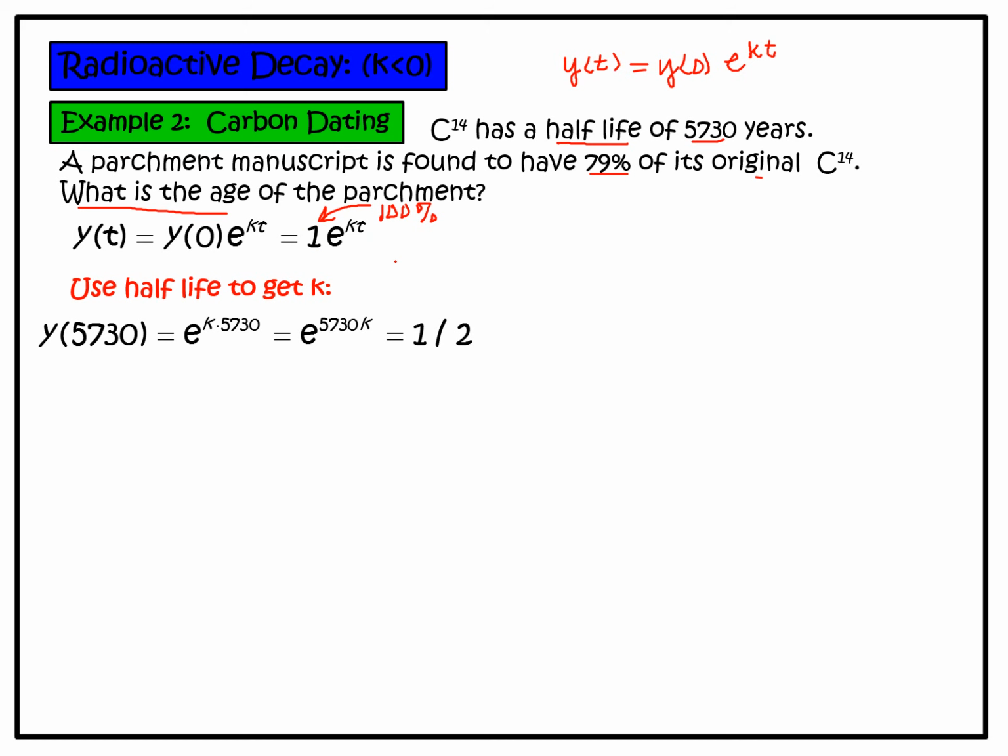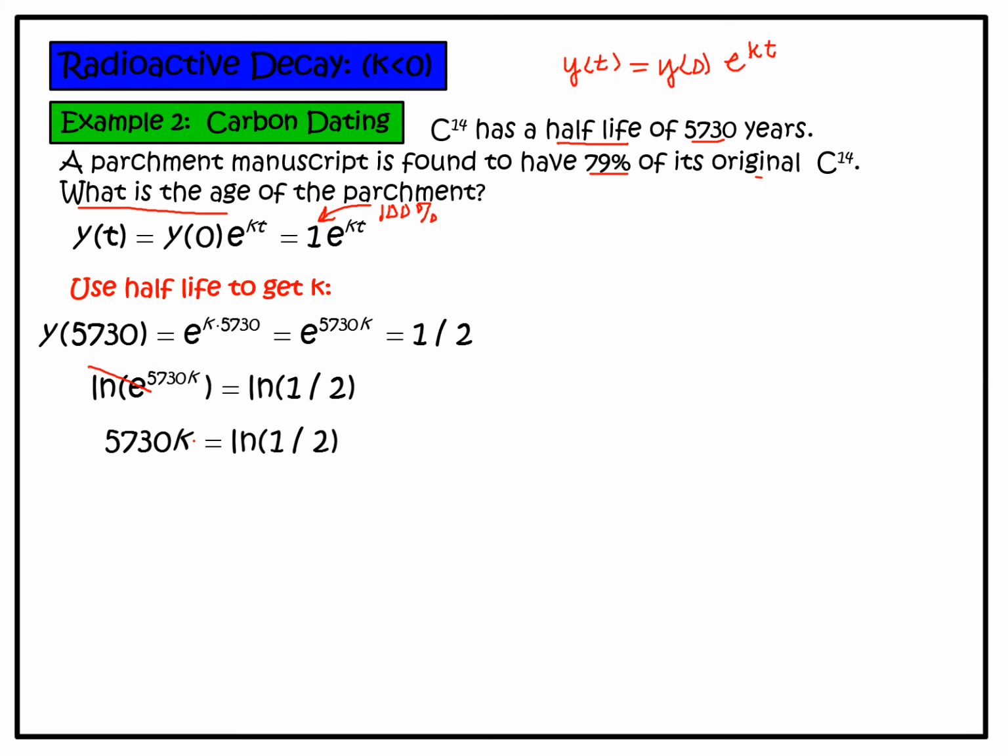Half the amount that you started with. So now we have to solve this equation. So we've got the exponential isolated. We take logs on both sides. So natural log of e to the 5730K is natural log of 1/2. These guys cancel. We just have 5730K left is log of 1/2.